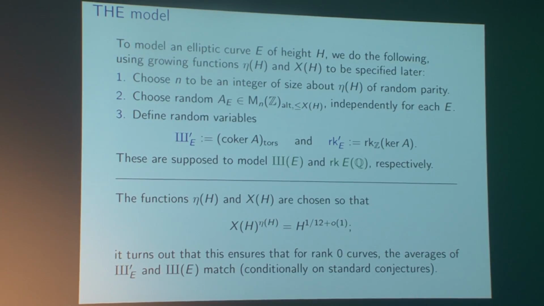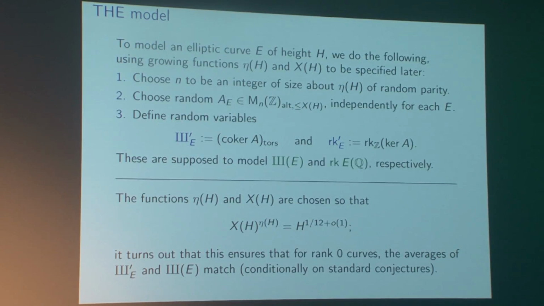So you can analyze what the average size of this should be, and based on that, figure out how quickly this x to the eta should grow. It turns out that this is the right rate of growth. It doesn't matter so much what x and eta are as far as this goes, but this exponentiation should grow like h to the 1/12.